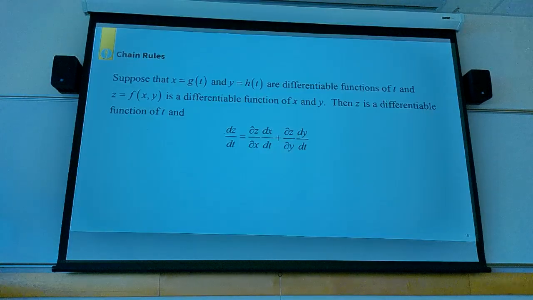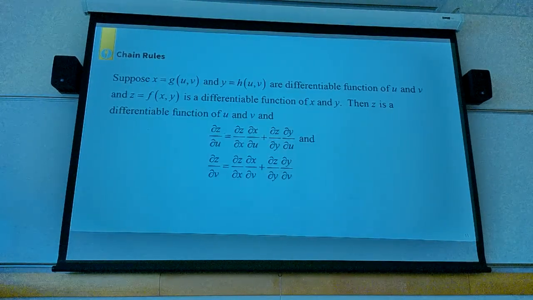Now let's suppose that x and y are functions of u and v. Again, let z be a function of x and y. If both x and y are differentiable in u and v, and z is differentiable in x and y, then z is also differentiable in u and v.